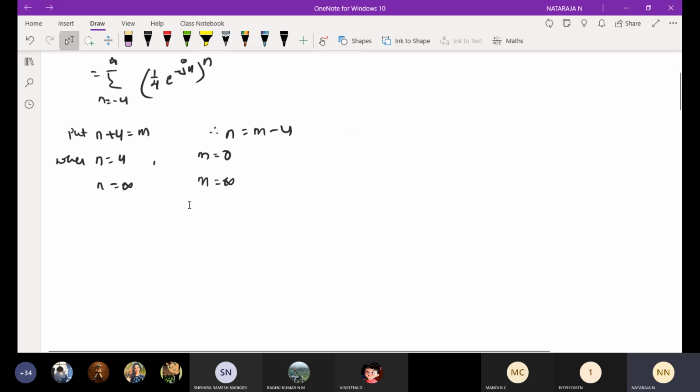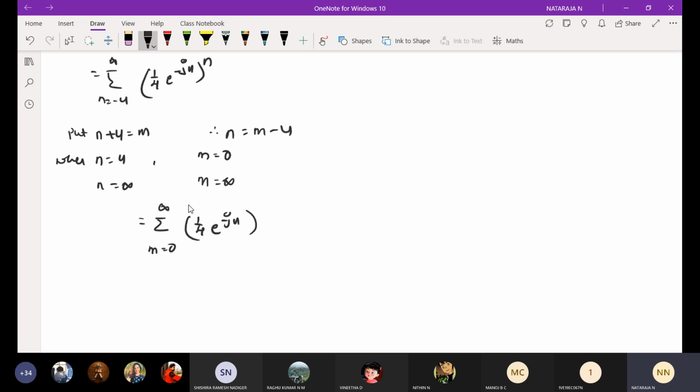Then I can change my limits to summation m is equal to 0 to infinity. I replace the 1/4 e power minus j omega whole to the power of n with the power m minus 4.